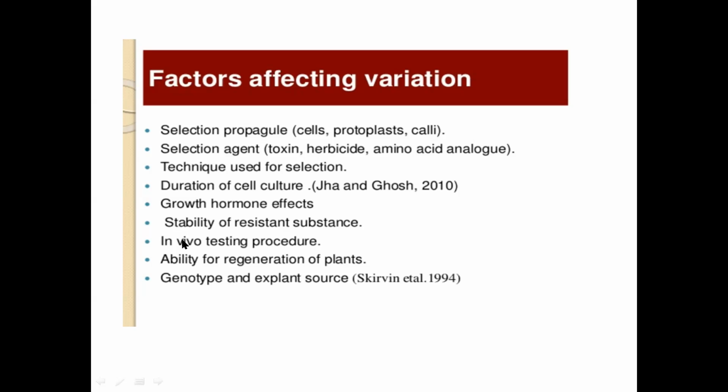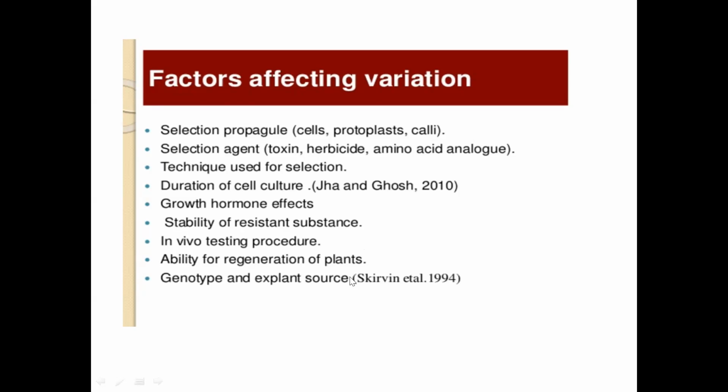And then the testing procedure, the process of testing, and the regeneration capacity. The percentage of regeneration is also important. That affects the variation, so the variation should not be lost in a few generations itself. It should be persisting. The genotype and the explant source are also important.